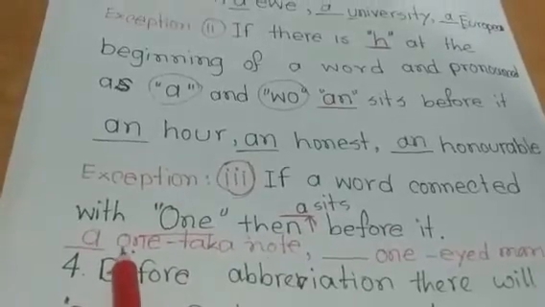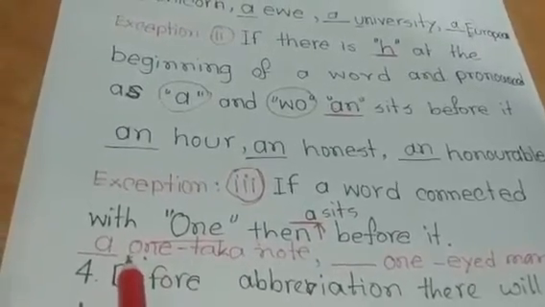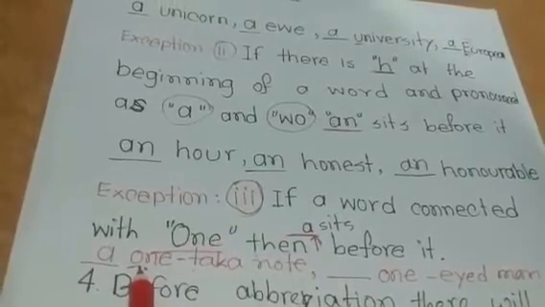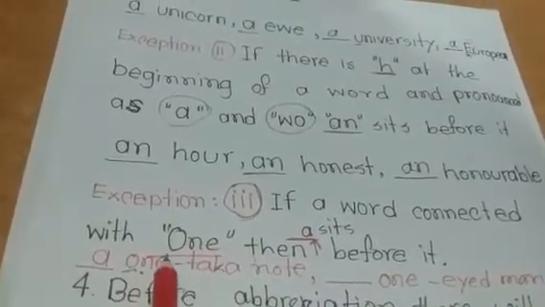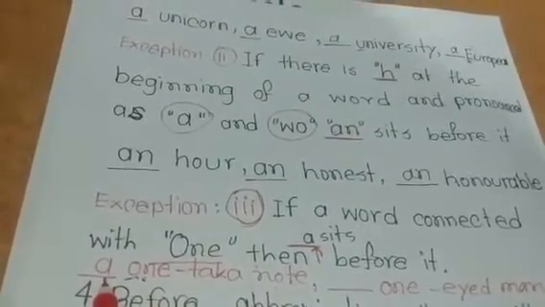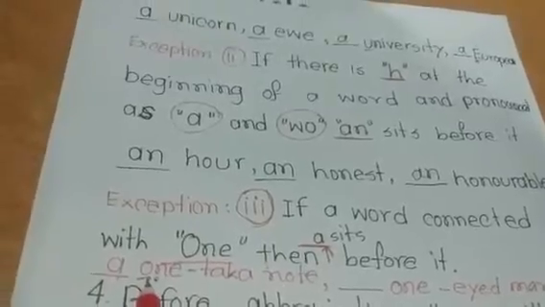"One", we know if the word begins with a vowel, we'll use "an", but the word here is "one", so we will use "a", not "an".